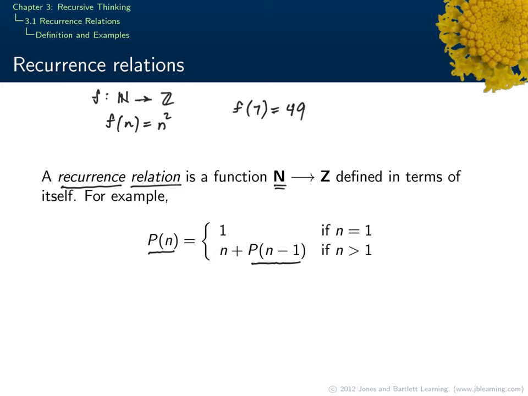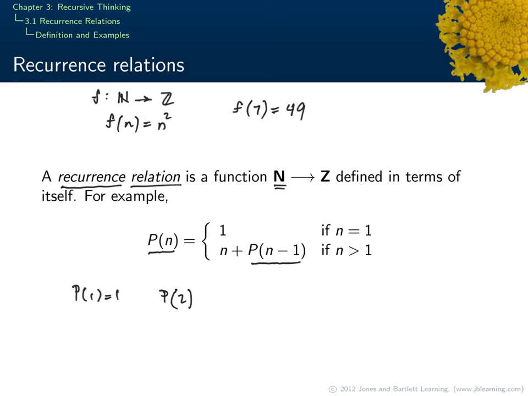So let's take a moment here and see if we can evaluate p of n for some inputs. For instance, we know that p of 1 is equal to 1 because that's the top branch of this function.